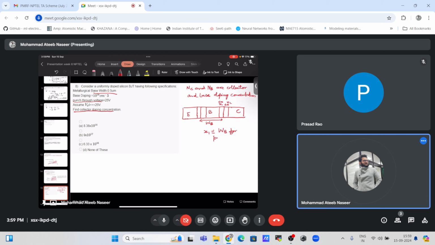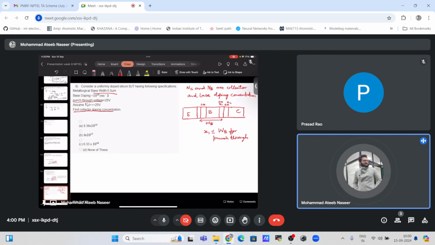For the punch through condition, this is approximate, because we will be having a depletion width in the other region as well, but for the sake of mathematical convenience we would say that x1 is WB, considering the base collector region being reverse biased.